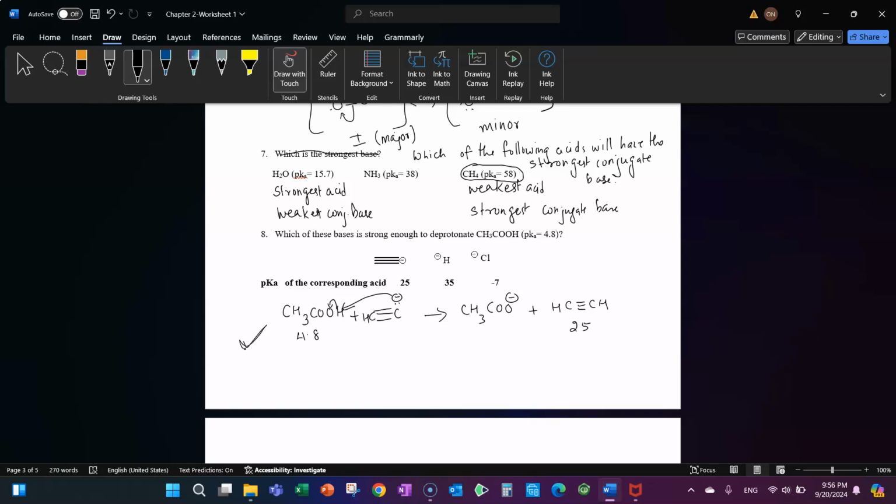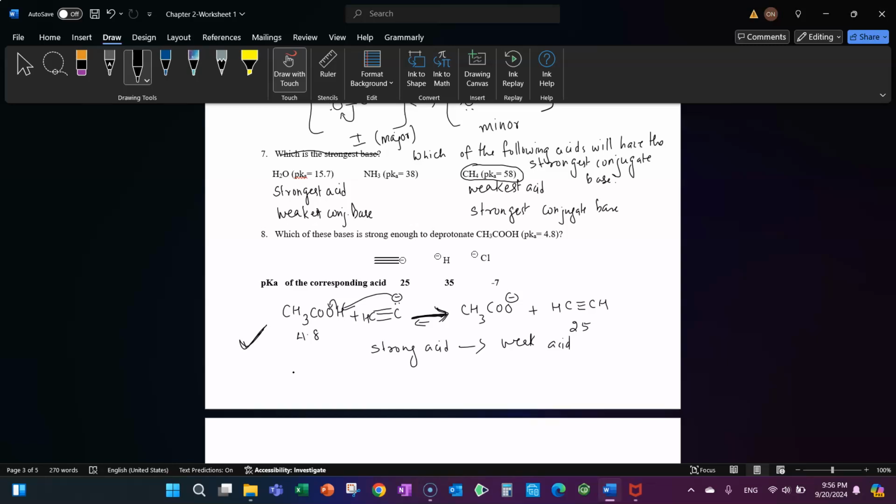Yes, this reaction would work because the equilibrium always goes from strong to weak. So this is an equilibrium which is favorable in the forward direction. It always goes from strong acid to weak acid. So this base will be able to deprotonate this acid.